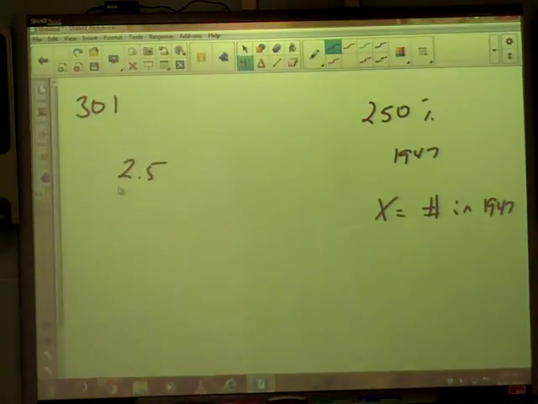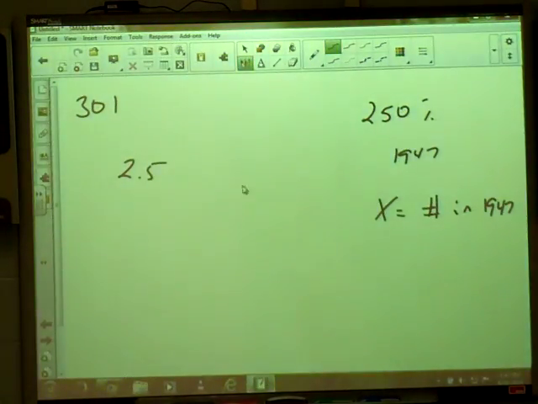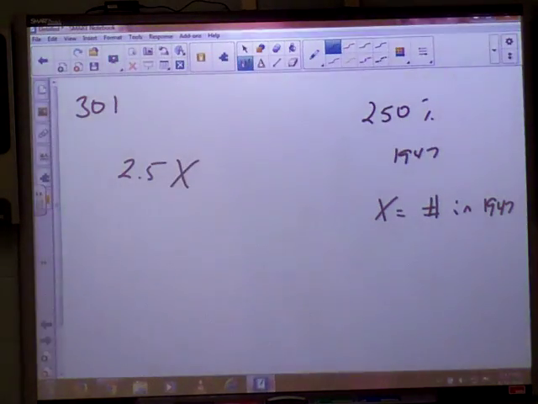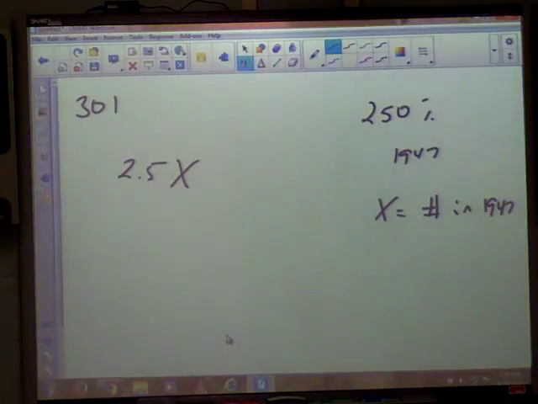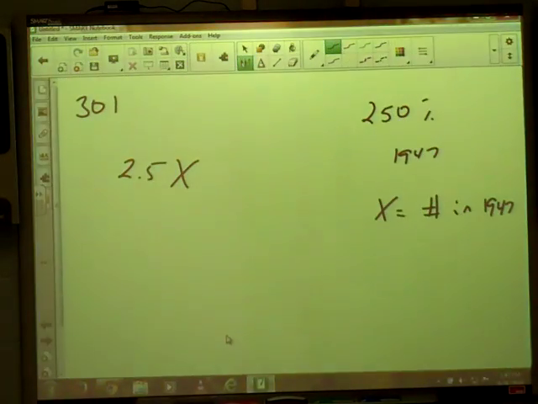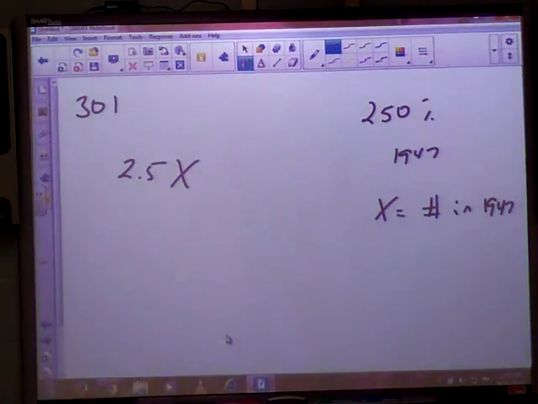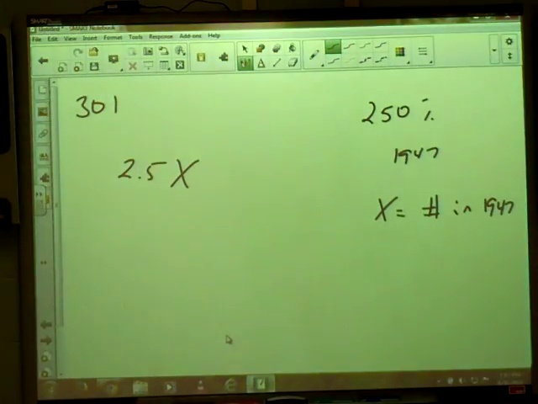Now, if I take 250%, 2.5, and multiply it by the number of area codes in 1947, that's going to give me a start. I've got 250% times the number of area codes in 1947. But I need to add what?